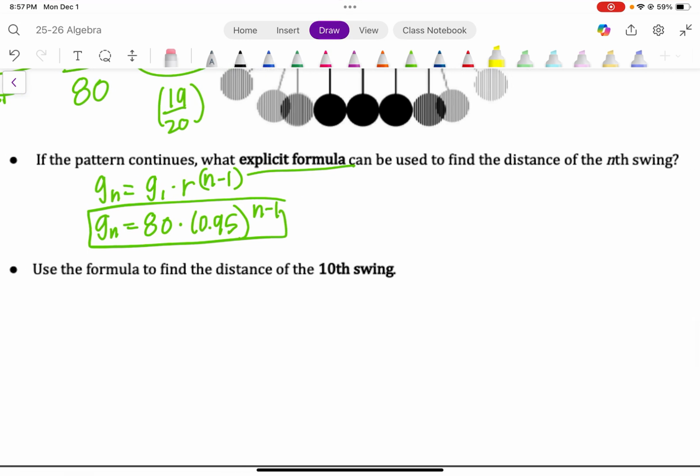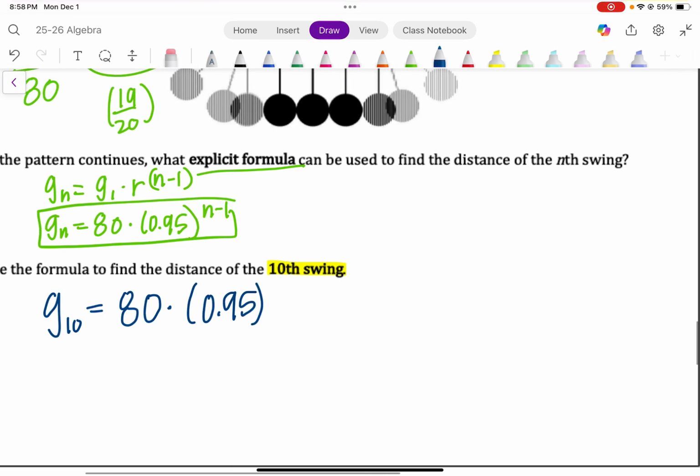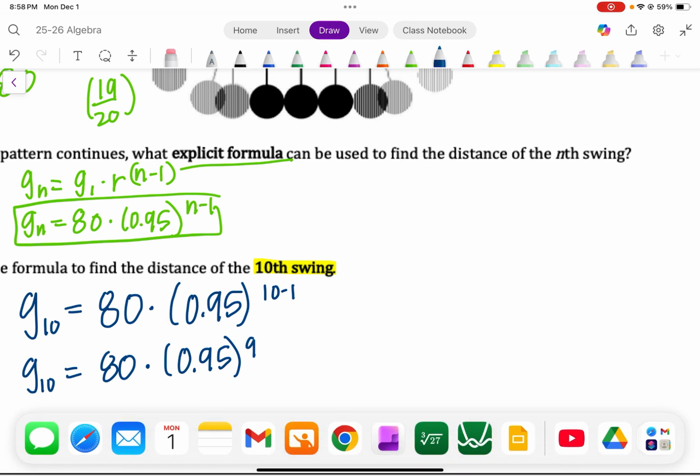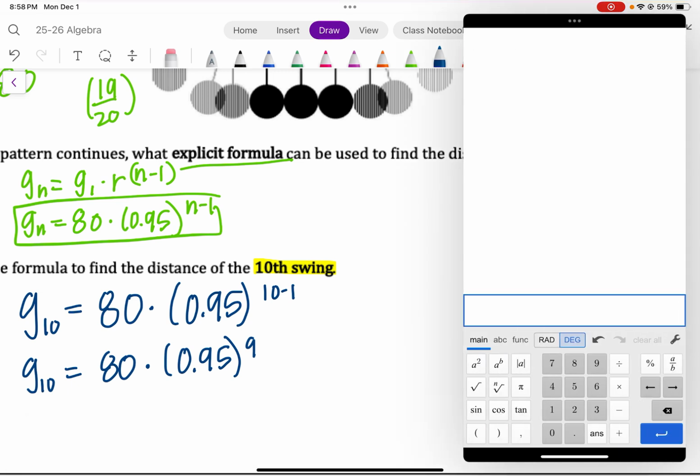Now it wants us to know, where's it going to be on the 10th swing? So g of 10 is equal to 80 times 0.95 to the 10 minus 1, which we know is going to turn into 9. So g of 10 equals 80 times 0.95 to the 9th. Remember that when you do that, you're doing 0.95 times 0.95 times 0.95 nine times, and then multiplying the output by 80.